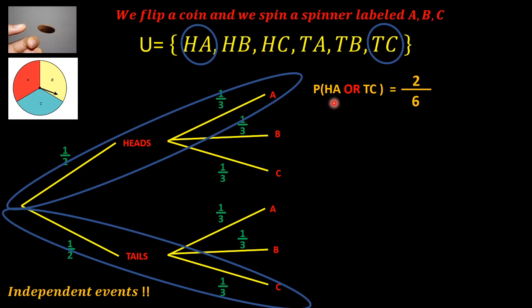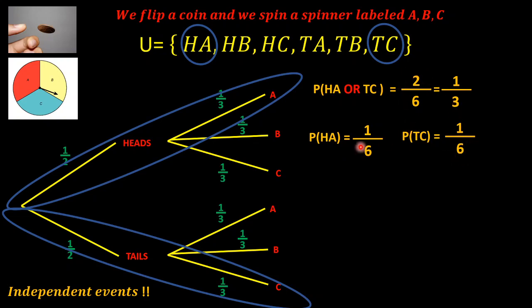Now it's time to see them separately. What is the probability to get heads and A? Only that, which means 1 out of 6. As well for that, if I see that independently, it is 1 over 6. So the probability is 1 over 6 and 1 over 6.